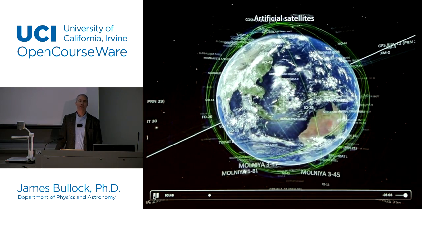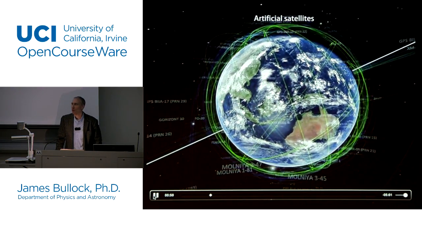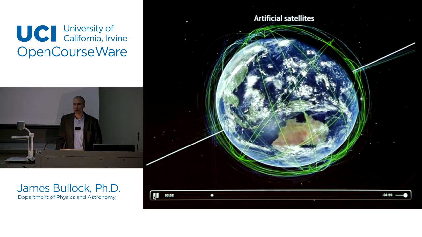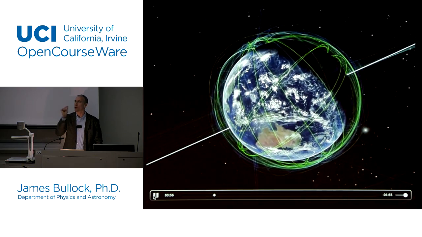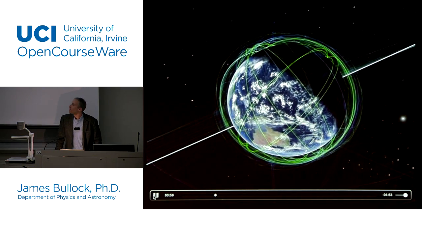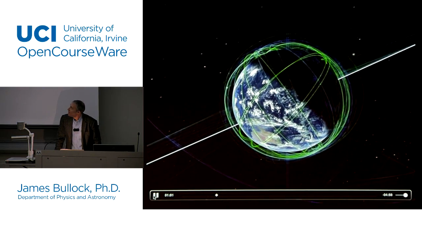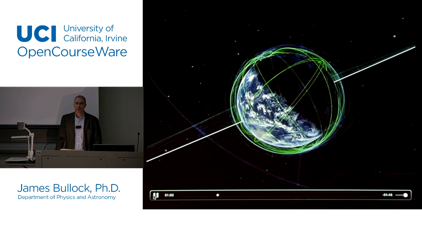These are all the man-made satellites, their paths. See how close they are to the Earth? It'll look really close later. Most of them are really circling right around the Earth. Most of them are there to monitor the Earth.